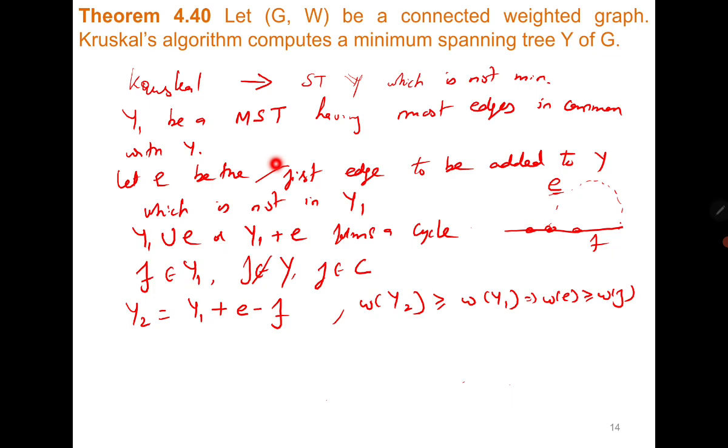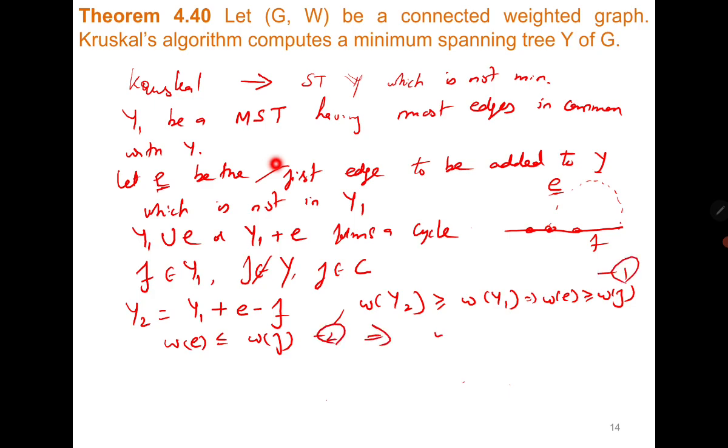It means the weight of edge E must be less than or equal to weight of edge F, because E is the edge which is added to Y using Kruskal's algorithm. So there is a cycle. In the cycle, Kruskal's algorithm always picks an edge with the minimum weight so that it does not form a cycle. So it means that W of E must be less than or equal to W of F.